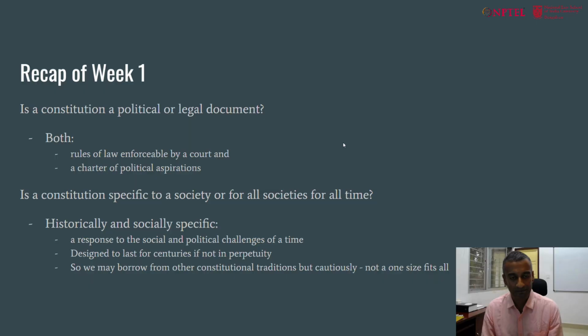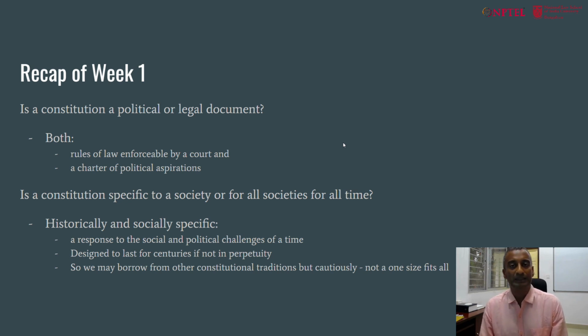It tells us about the kind of political society we are trying to create, while simultaneously creating some legal rules that are fully enforceable by a court of law. The fourth question that we asked and we partially answered in week 1 is whether a constitution is specific to a society or if it is for all societies for all time.